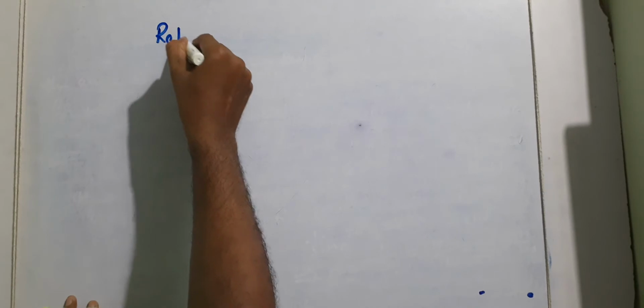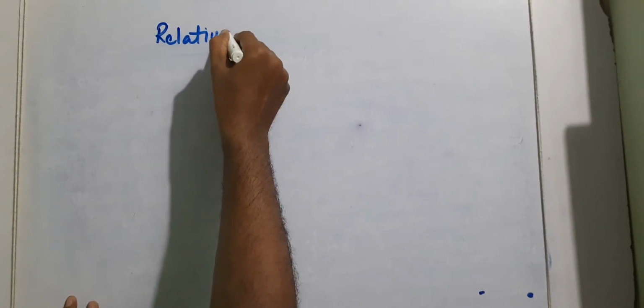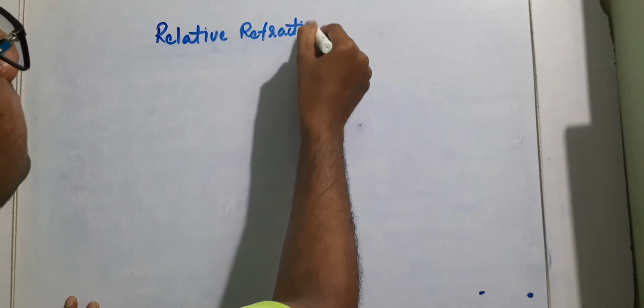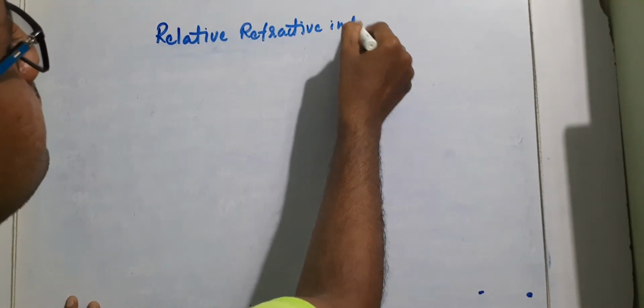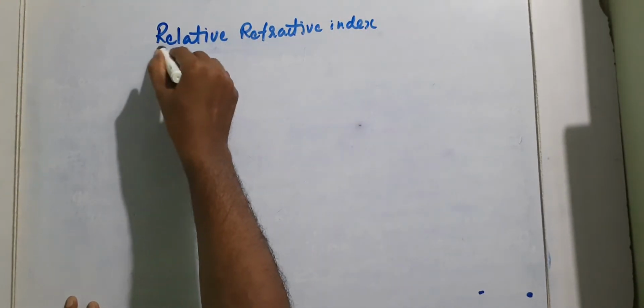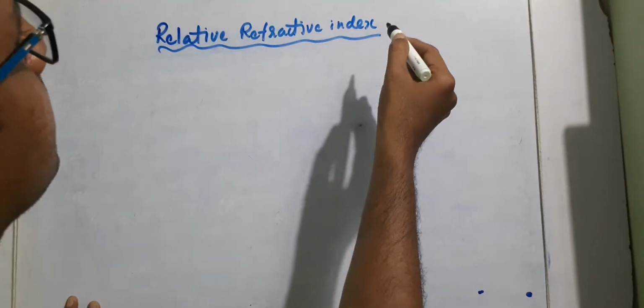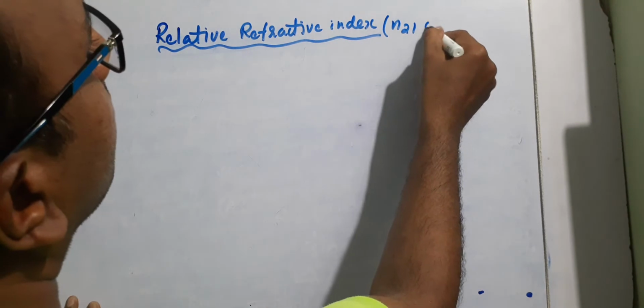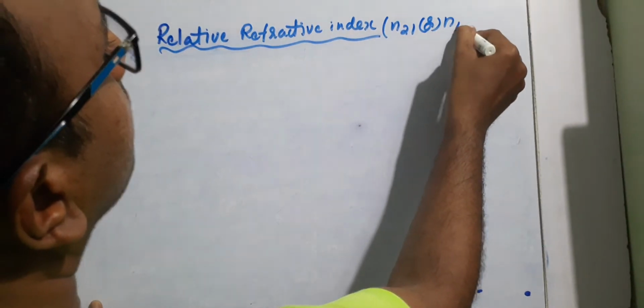So now we are going to learn about relative refractive index. Relative refractive index can be denoted by N21 or N12.